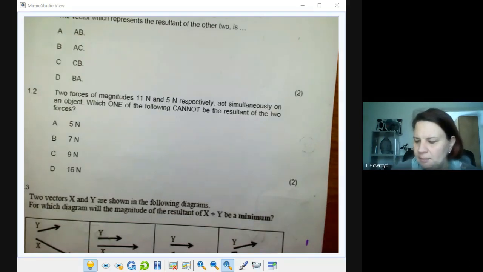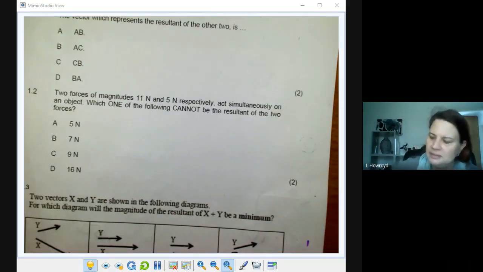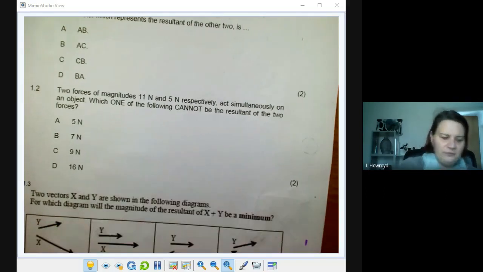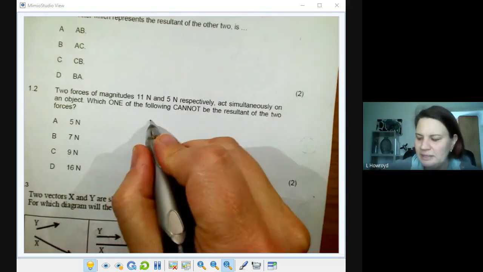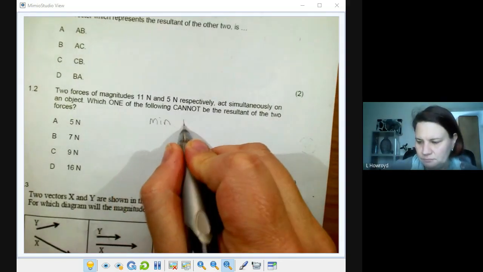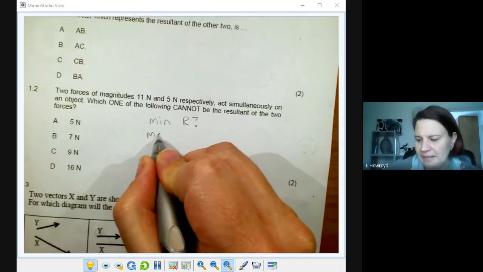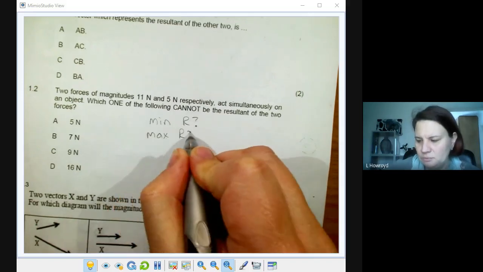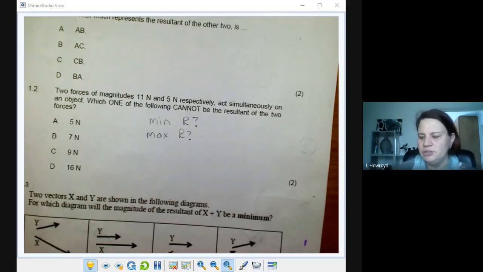For 1.2, I want you to consider how we get the minimum resultant, and how you would get the maximum resultant when you have 2 forces. I want you to think about that, and that would help you with your answer for 1.2.